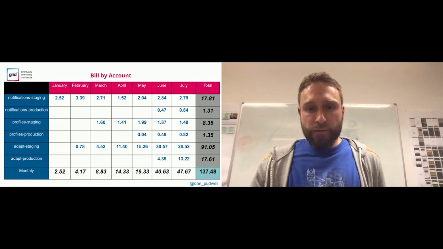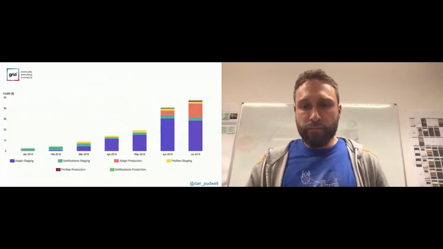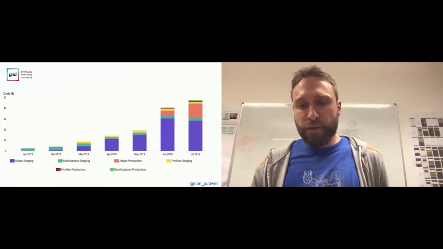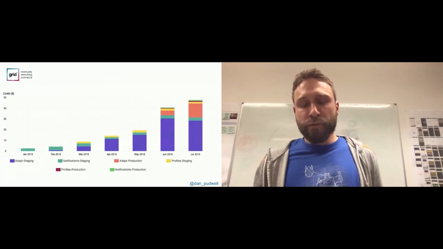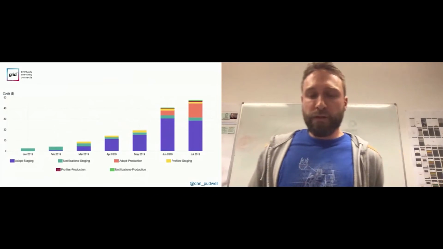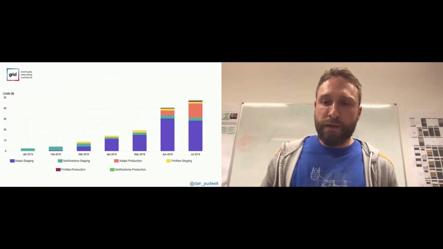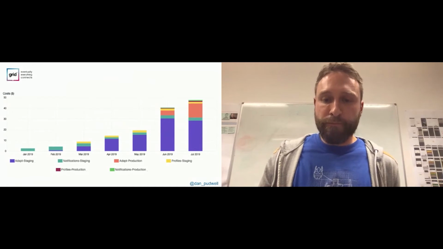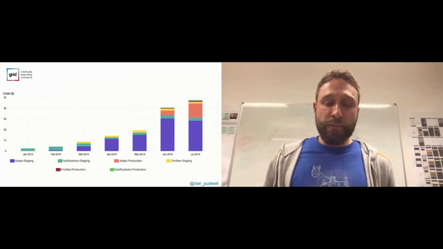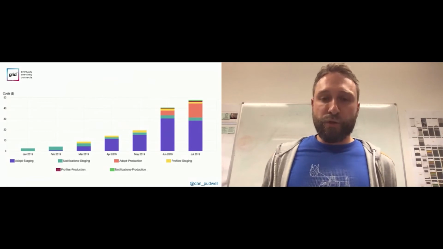If we look at it on a percentage bar graph, you can see that the main bulk of the spend was in that adapt staging account, the API account, where all the APIs were, and that's where we did the bulk of the testing as well.